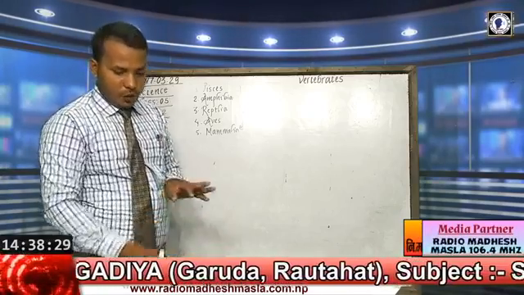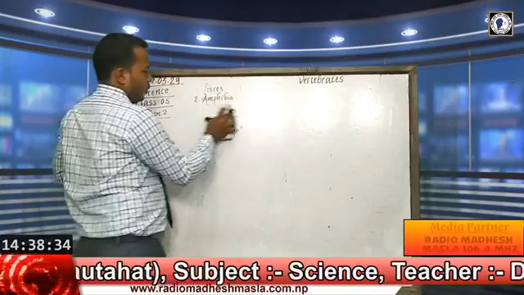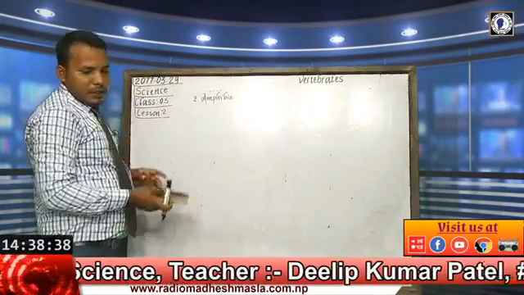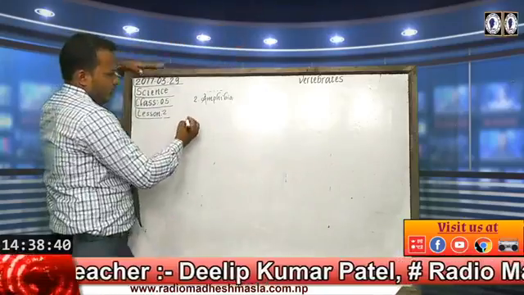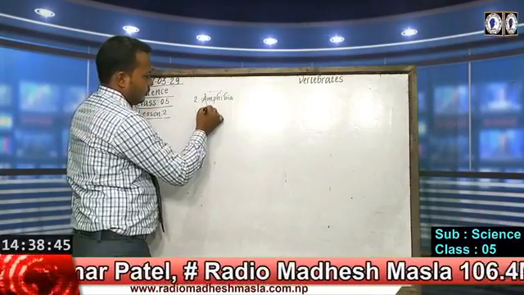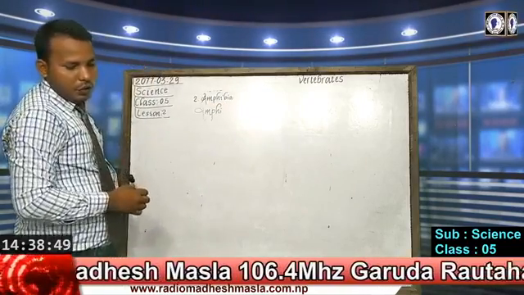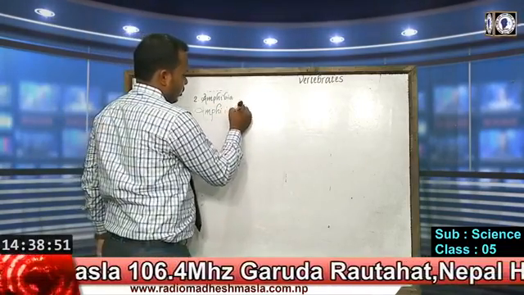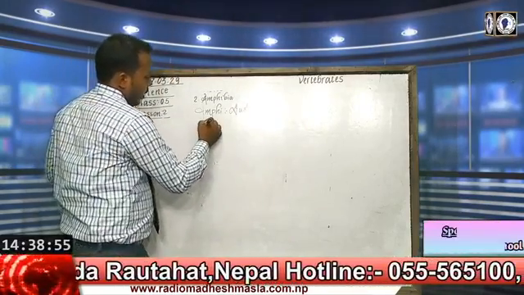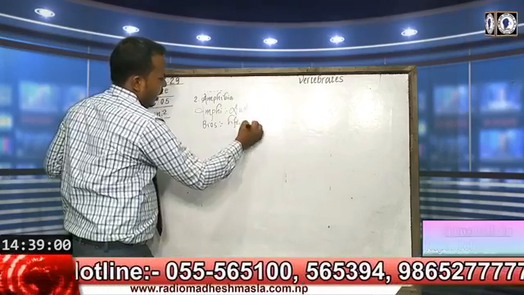Now we are going to discuss the amphibian class, isn't it? Do you know amphibians? First of all, amphi means dual, and bios means live. It makes amphibians.